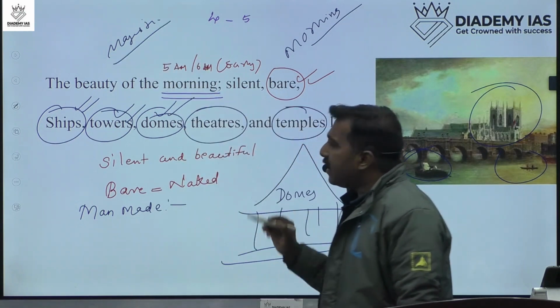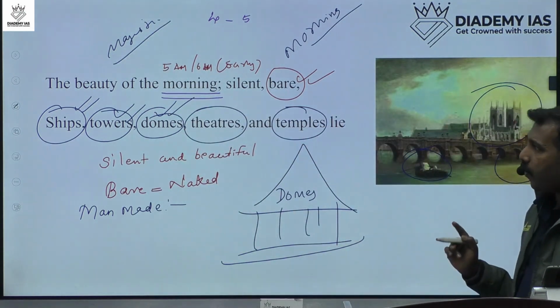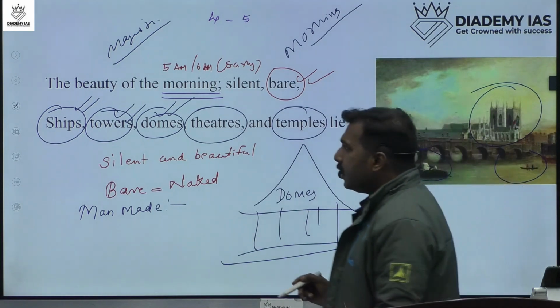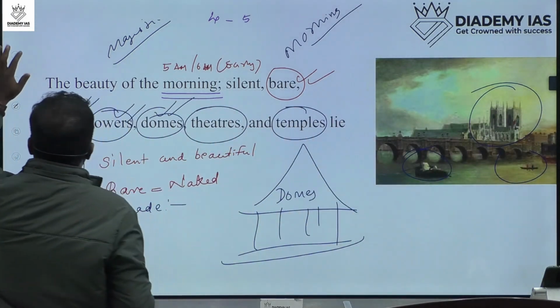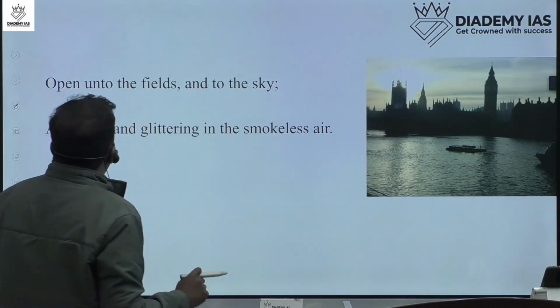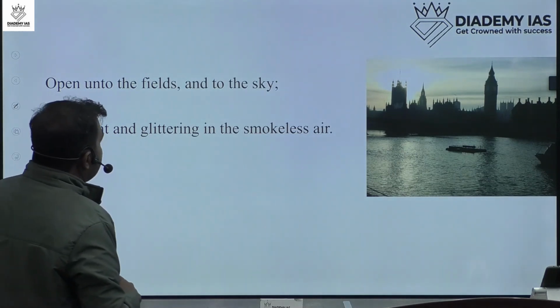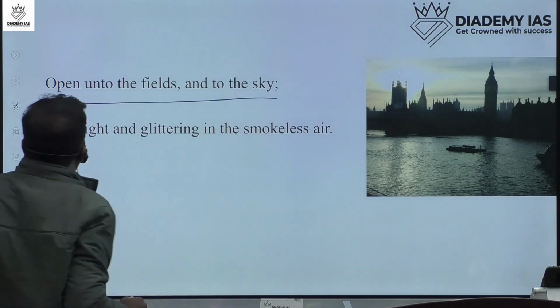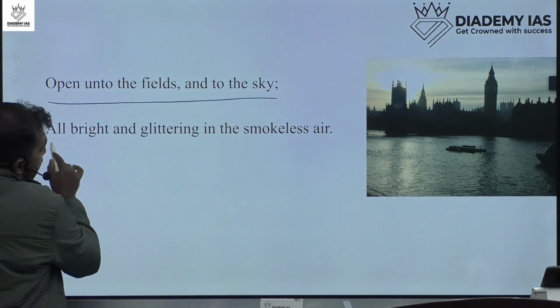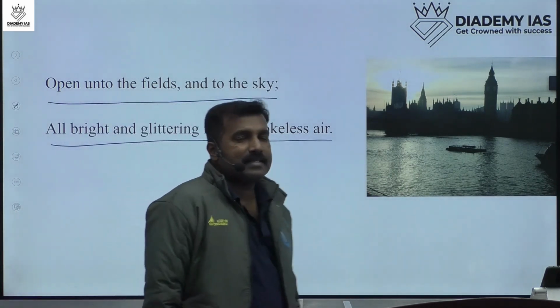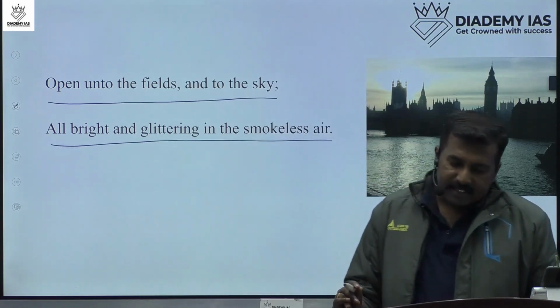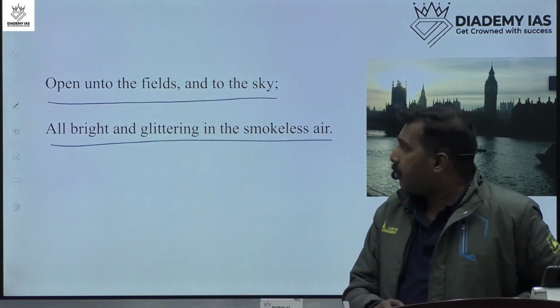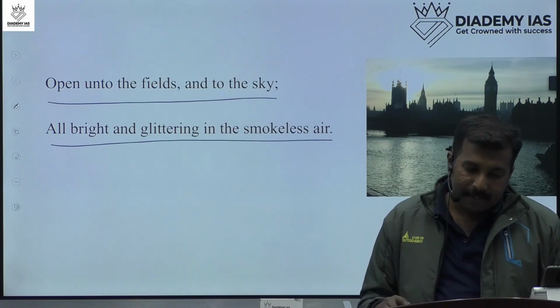Okay, so this is lines 4 to 5. So let's move to the next part. Open unto the fields and the sky, all bright and glittering in the smokeless air. So let's discuss these lines.